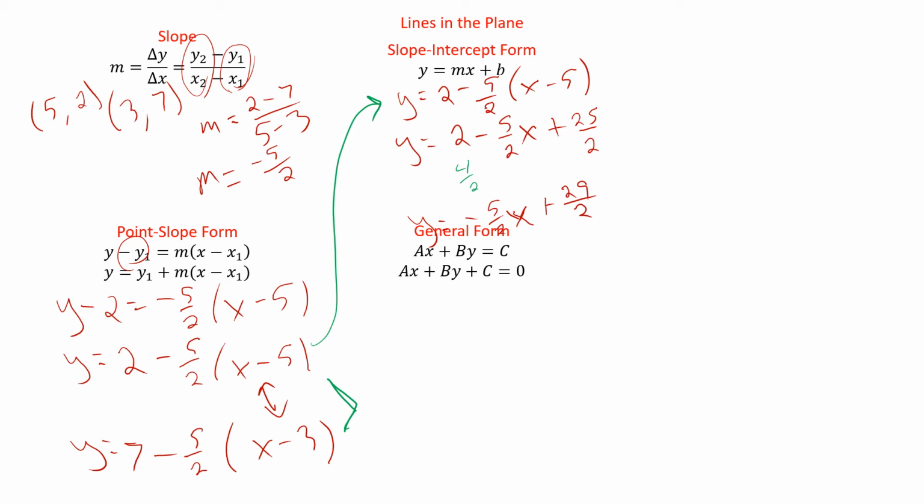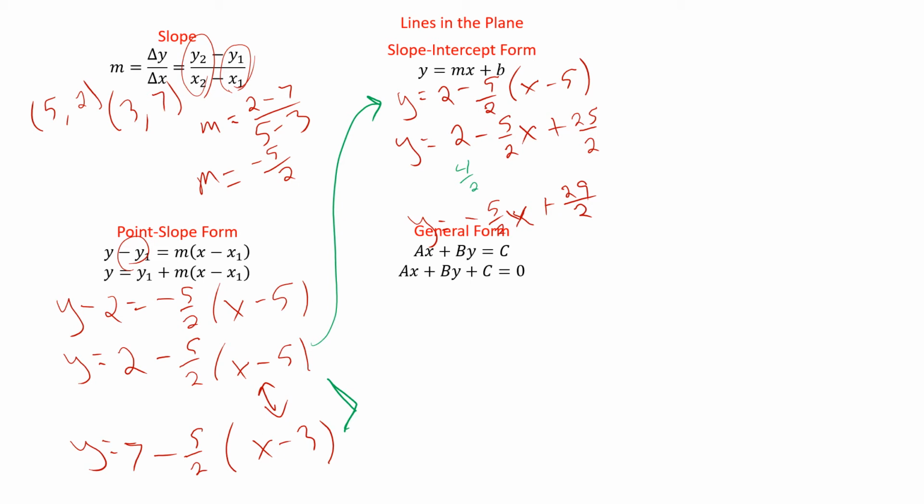Point-slope form is really good for writing the equation of a line from points and slopes. The slope-intercept form is the unique form, but it's also useful when we're doing application problems that involve a rate of change and a starting value.